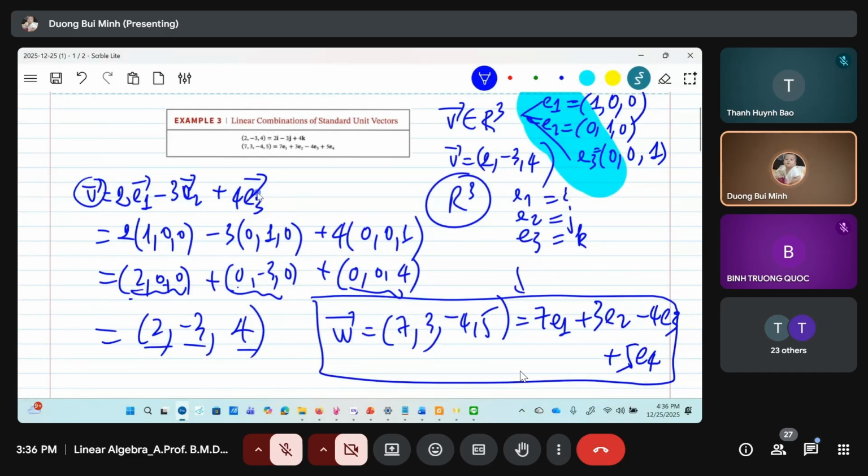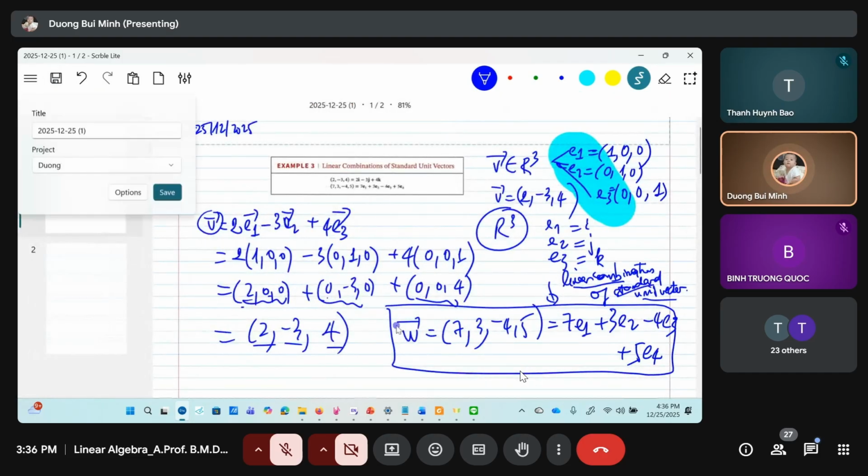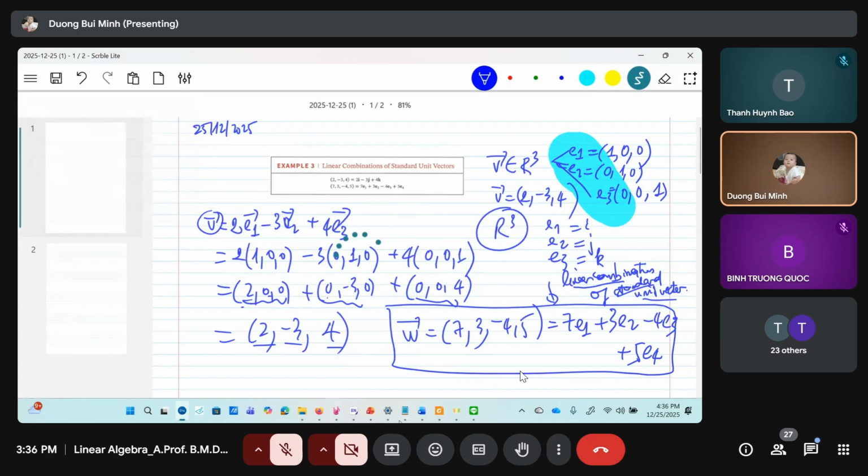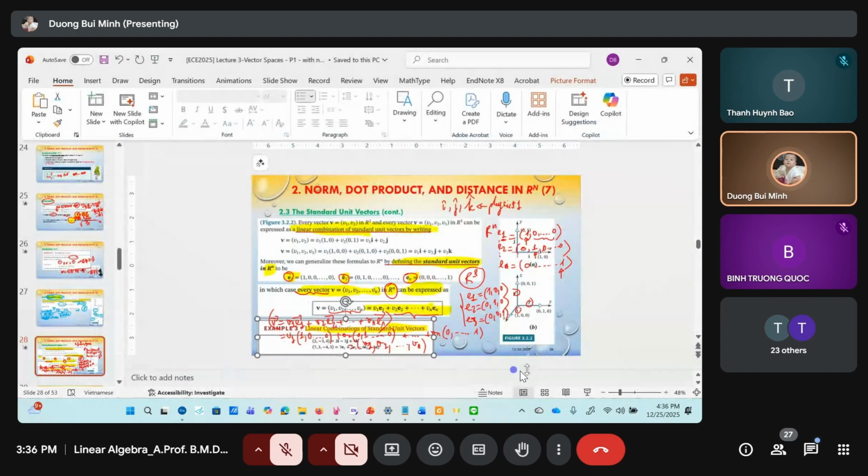Yes, this is the linear combination of standard unit vectors. In Vietnamese, it means sự kết hợp tuyến tính của những vector đơn vị tiêu chuẩn. So for now, I hope you enjoy it. Okay, so continue.